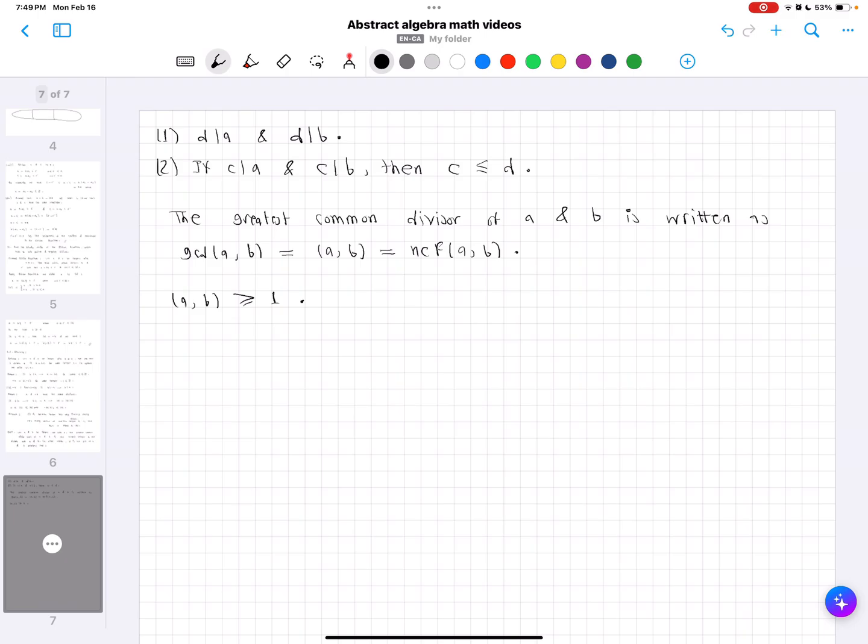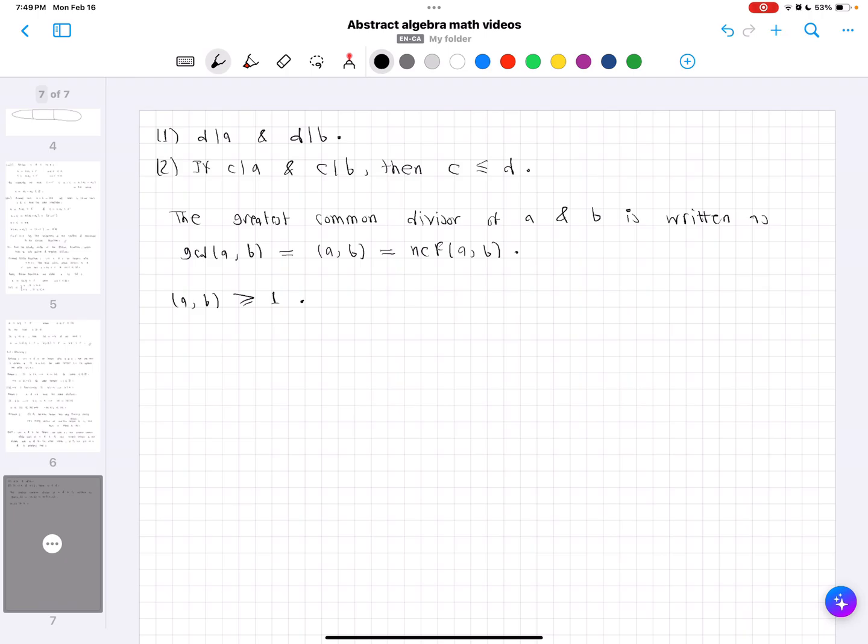It tells you that given two integers, the greatest common divisor of both integers can be written as a linear combination of both.